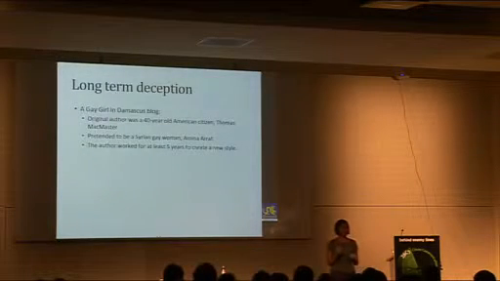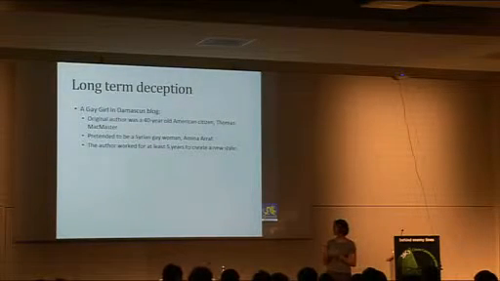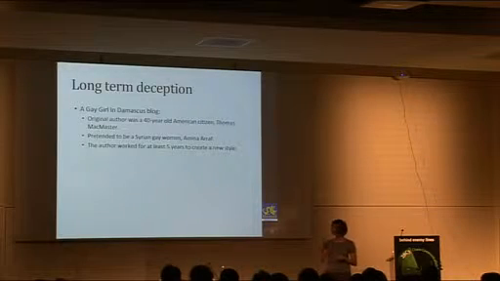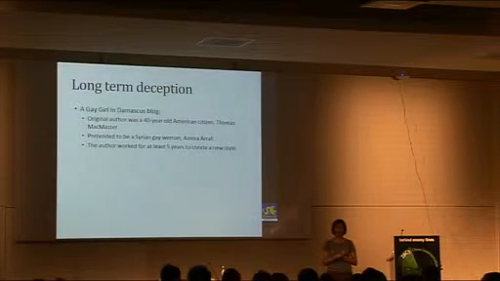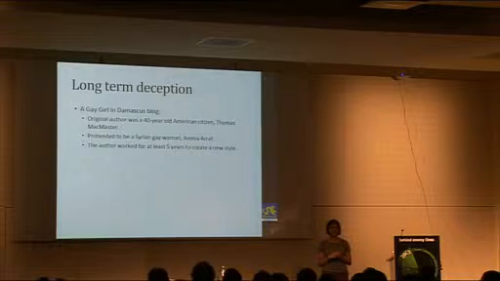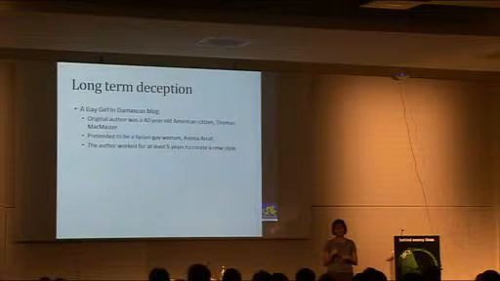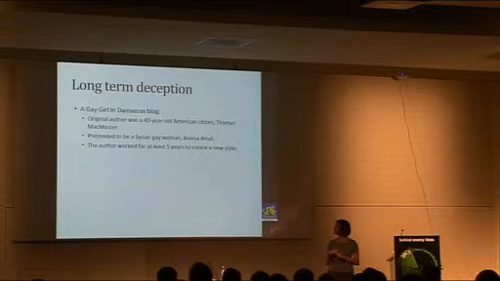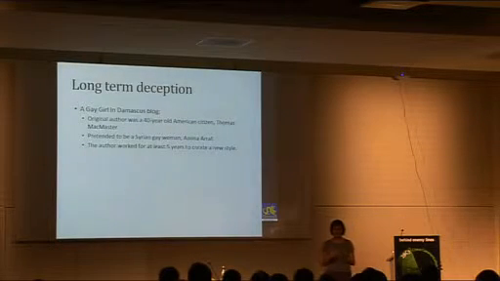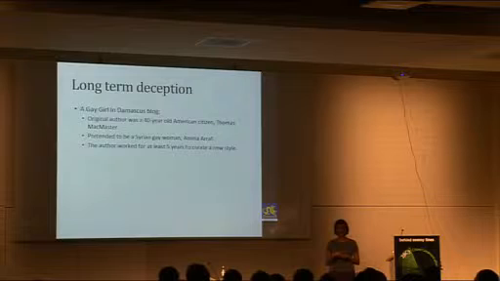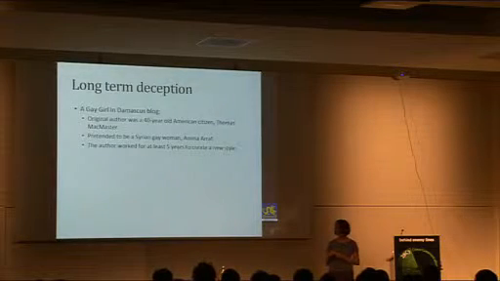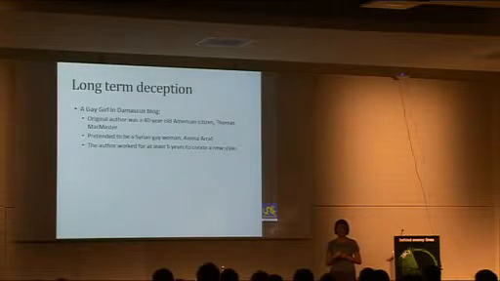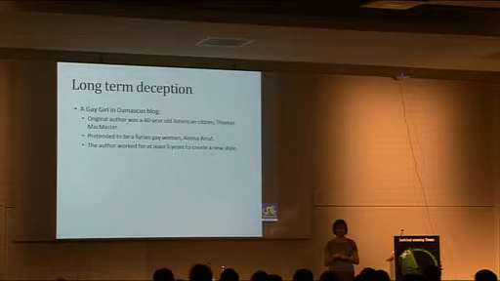To see how our method works in long-term deception, we collected blog posts from A Gay Girl in Damascus. This blog was originally written by a 40-year-old American male, Thomas MacMaster, and he pretended to be a Syrian gay woman, Amina Arraf, and he wrote about Syrian political and social issues.